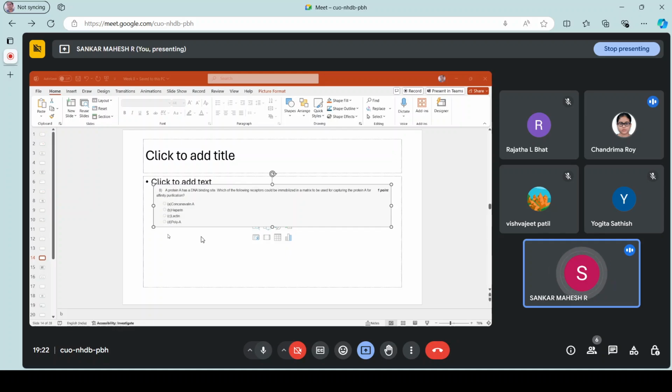Yes, sir. In homopolymer tailing, we are talking about the poly A tail, right? You get this poly A tail because of the polymerase that we use. Now, we need to find which of these four options can be used to bind to a DNA binding protein.